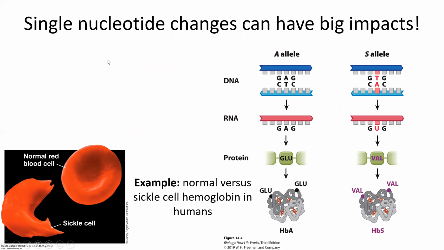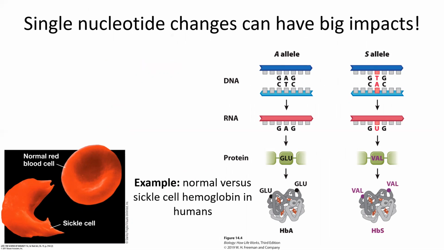I also want you to know that changes in single nucleotides, like we talked about with cilantro, and how a change in a single nucleotide changed whether individuals had a preference for it, can also have really big impacts aside from whether or not you like cilantro.